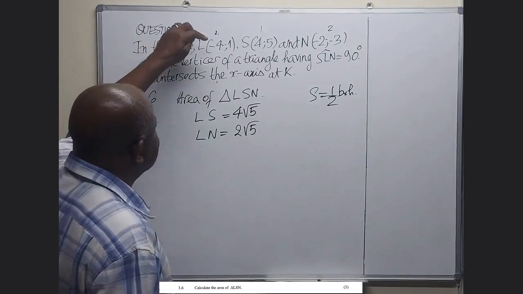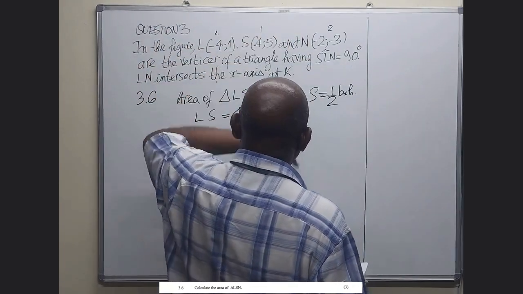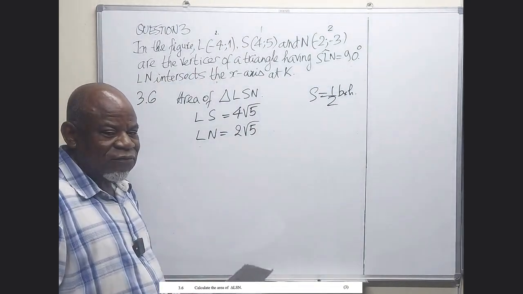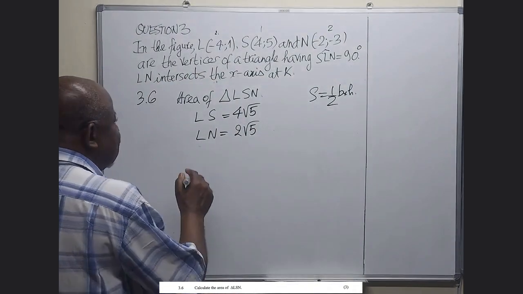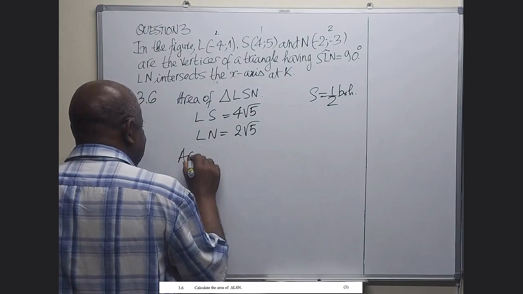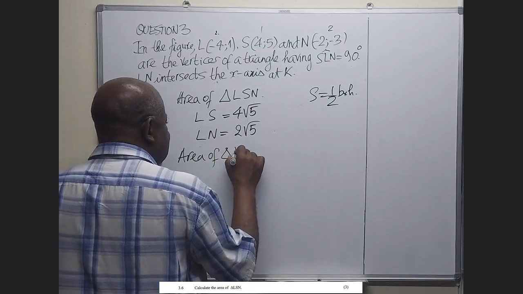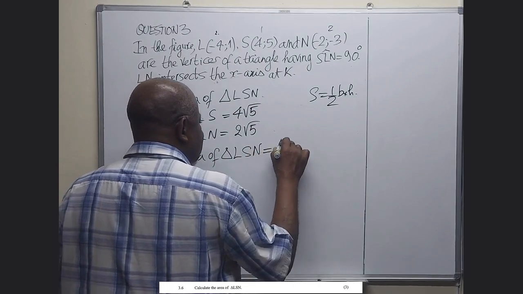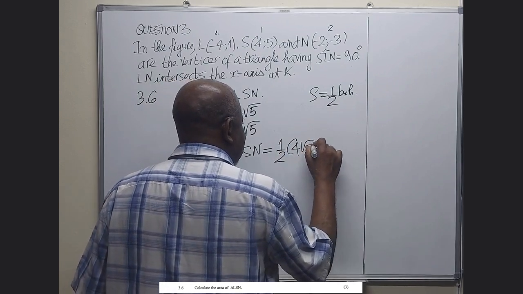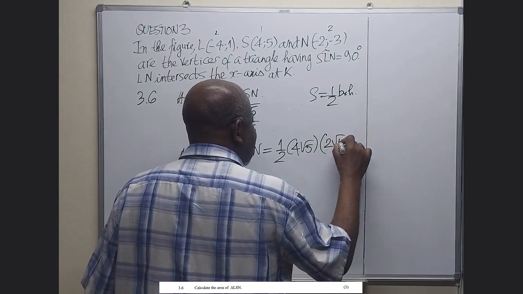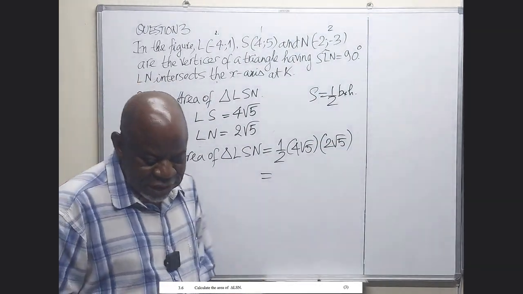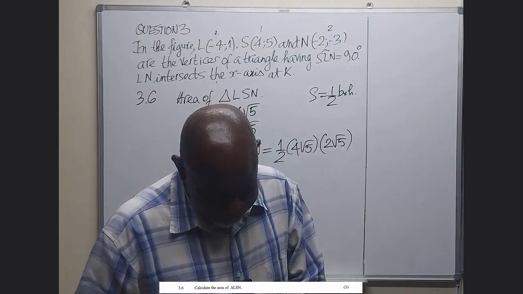So now, applying the formula, half base times height, the area of the triangle LSN will be equal to half base. Our base is 4 square root of 5, and our height will be 2 square root of 5. This will be the area of our triangle. Let's use our calculator.